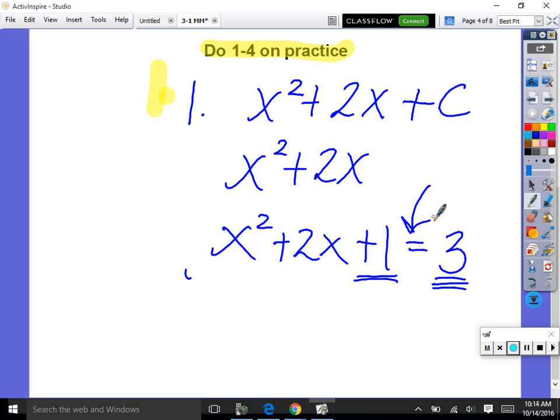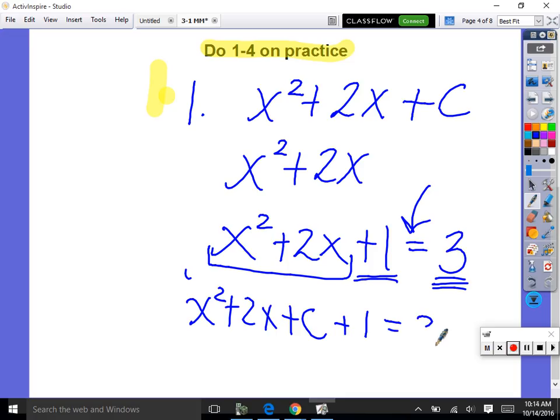We're going to complete the square, and we're just going to shift this over. So we say x squared plus 2x plus c, and then we still have plus 1 equals 3. Do you see I'm just putting this right here? Then we'll still do what we just did a second ago and complete the square for this portion. But then we'll just finish simplifying it, and I'll show you what I mean in just a second.